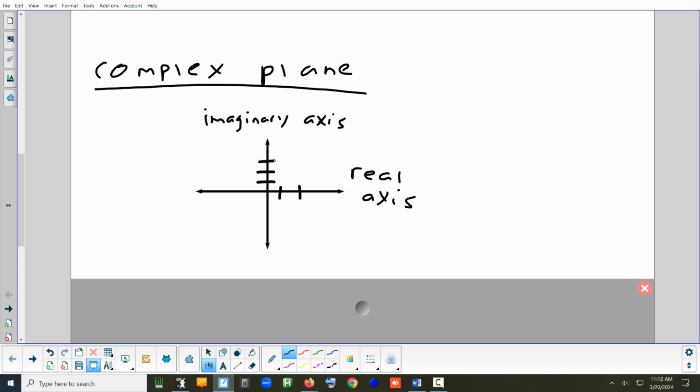That means go 2 to the right and 3 up. And that's how you graph 2 plus 3i. We'll try a few more of those.